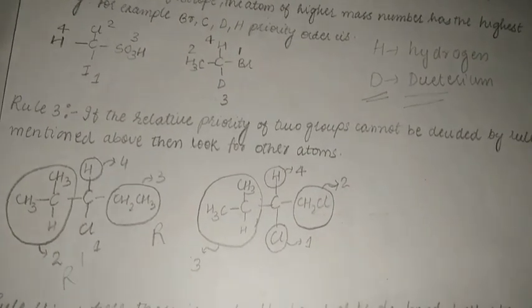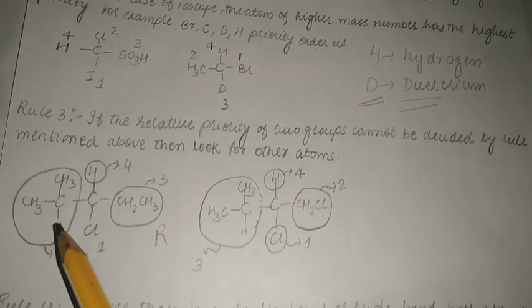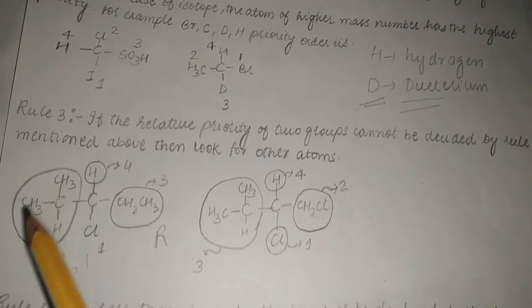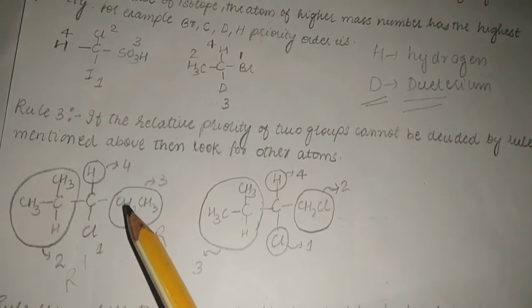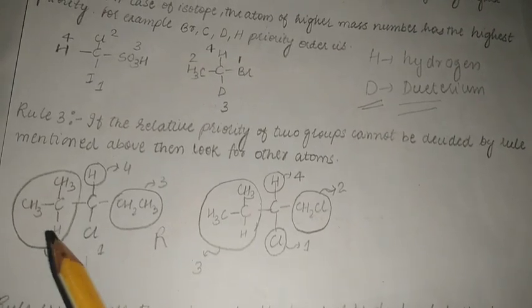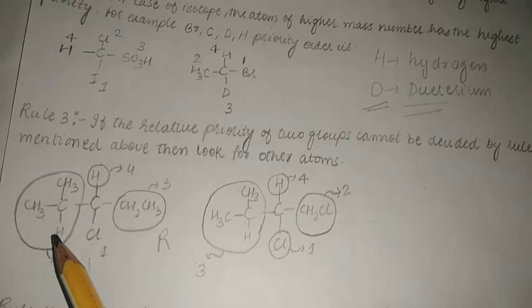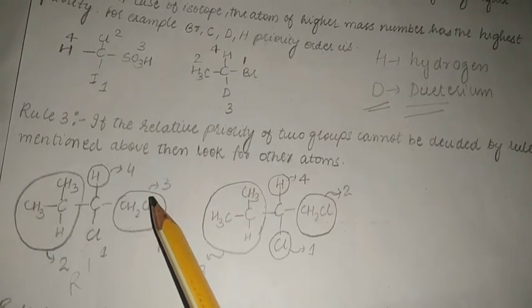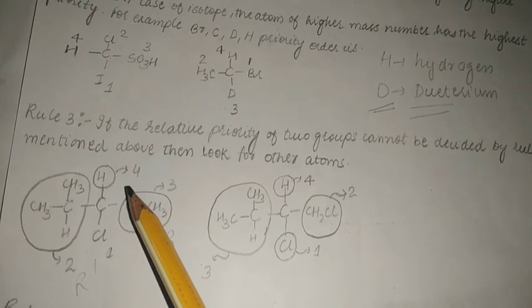Though they are both methyl groups, we then consider the next atoms attached to that carbon. We can see here 2 more methyl groups are attached, but here 2 hydrogens are attached along with a methyl group. So which one do we take in priority? We will take the second one in priority and it becomes number 3, and at the least, the hydrogen comes in place.